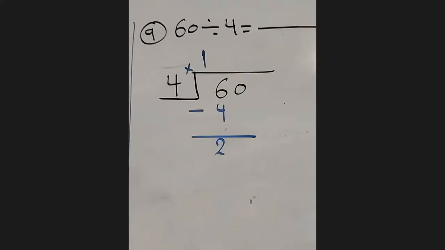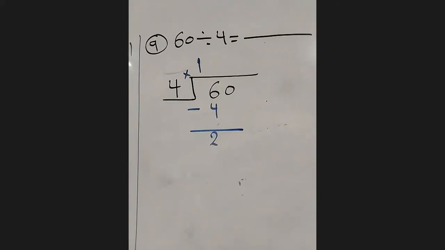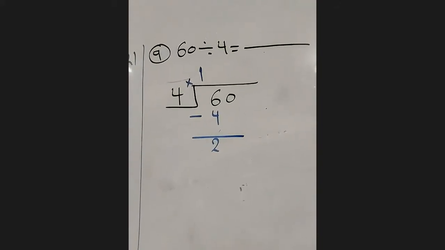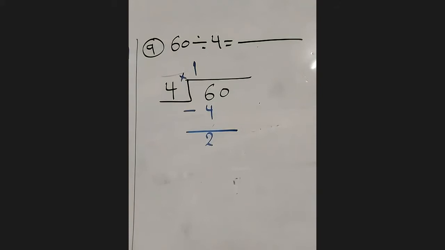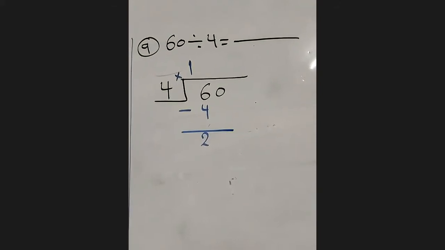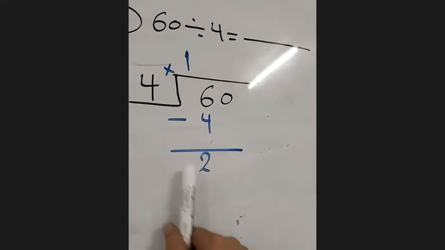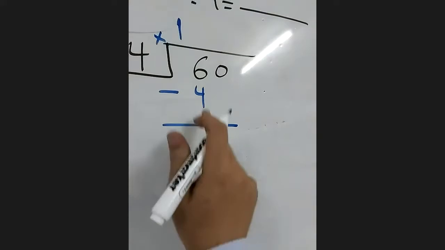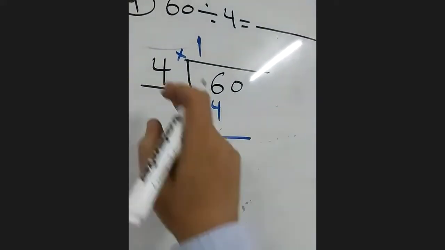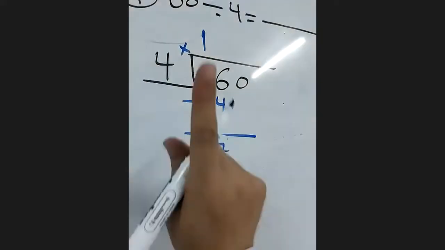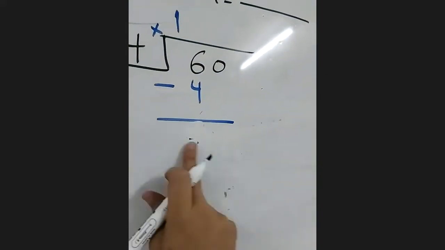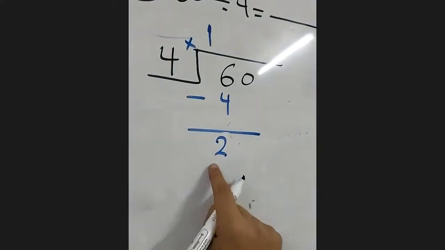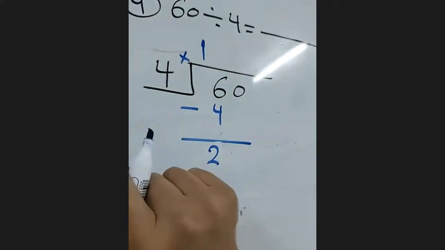Before we bring the 0 down, we need to be sure, Kinan. Is the 2 equal or less than the 4? It is less, so I'm correct. But if we had a number like 7 after we subtract, 7 is more than 4, then the 1 is incorrect. But 6 minus 4 is 2. Before I bring the 0 down, I check 2 is less than 4. Yes. So my 1 is good here.